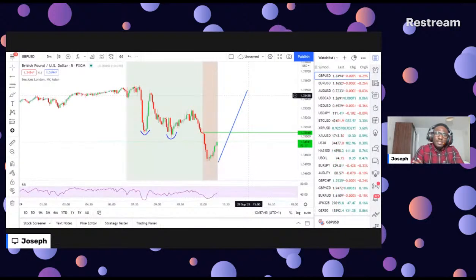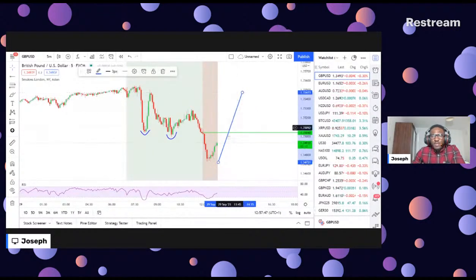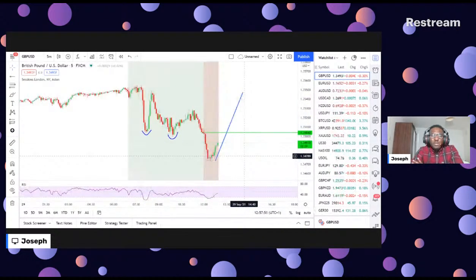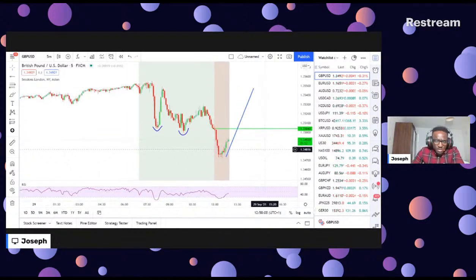So I'll see where the market is at 2 o'clock, and we're probably going to get this move now. Like I said, 30 to 40 pips is the maximum move you can expect to get. This is again based on what the market has done in terms of the research and everything.